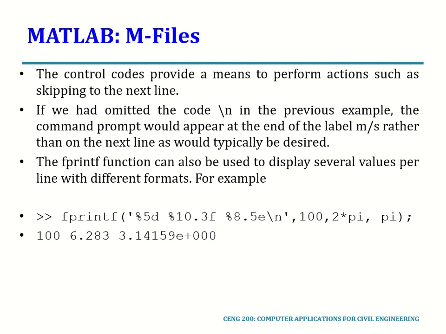Okay? So the first number is 100. What is the format of this number? %5d. It means it can go up to 5 digits, but it will be an integer. Then %10.3f.